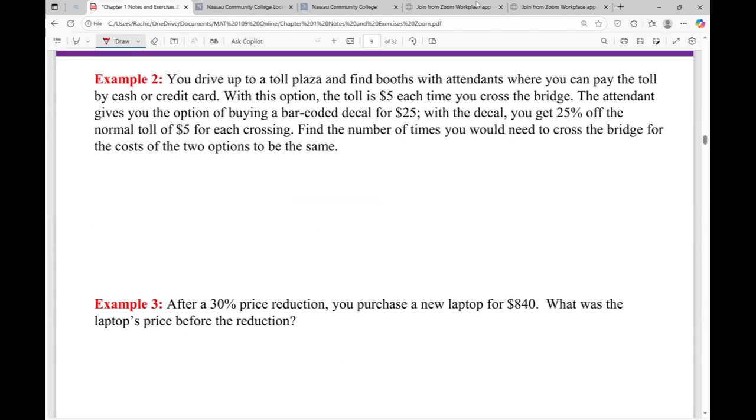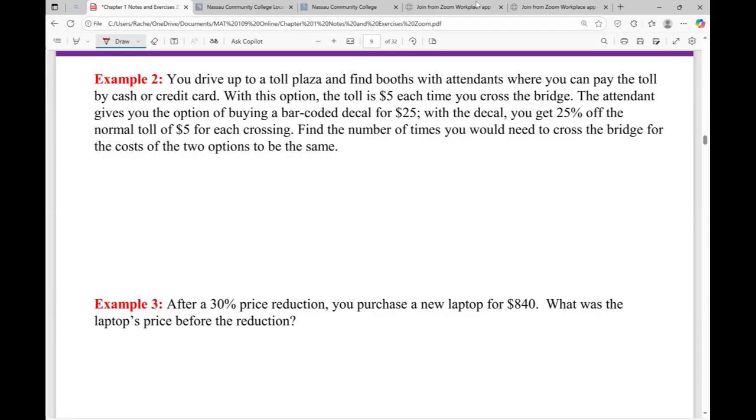So let's do example 2. It says you drive up to a toll plaza and find booths with attendants where you can pay the toll by cash or credit card. With this option, the toll is $5 each time you cross the bridge. The attendant gives you the option of buying a barcoded decal for $25, and with this decal, you get 25% off the normal toll of $5 every time you cross.